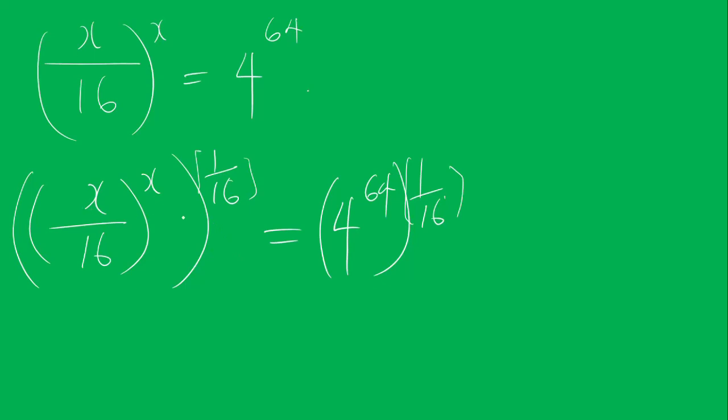So now what we are going to have on the right hand side will be x over 16, all to the power x times 1 all over 16, which will give you x all over 16. This will now be 4: 64 times 1 all over 16 is 64 divided by 16, which is 4.